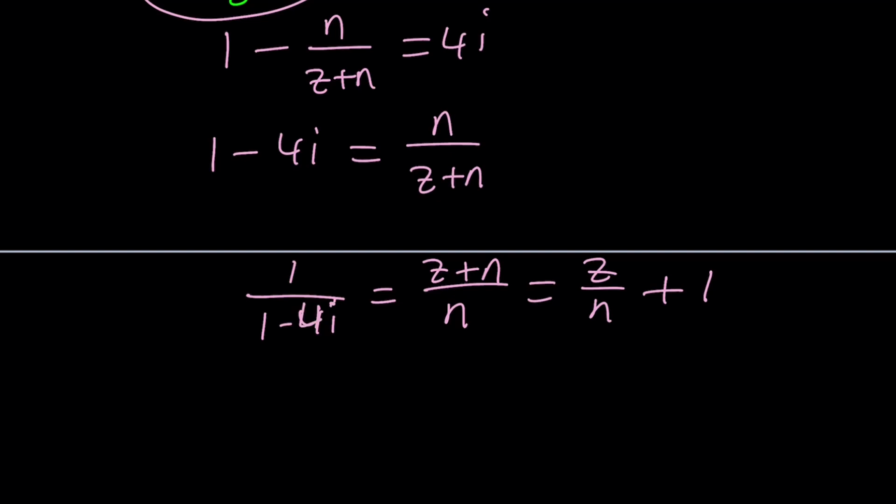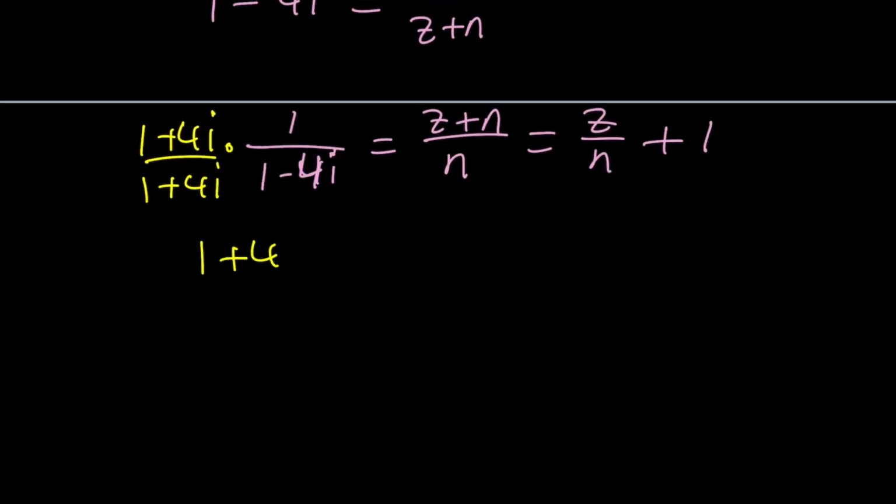Now, all the way on the left-hand side, we do have a complex number. It's actually division. So let's go ahead and multiply by the conjugate. And then when we multiply 1 by that, we get 1 plus 4i. And at the bottom, remember, the product of a complex number and its conjugate is always a real number, and it's the sum of two squares. Remember that?